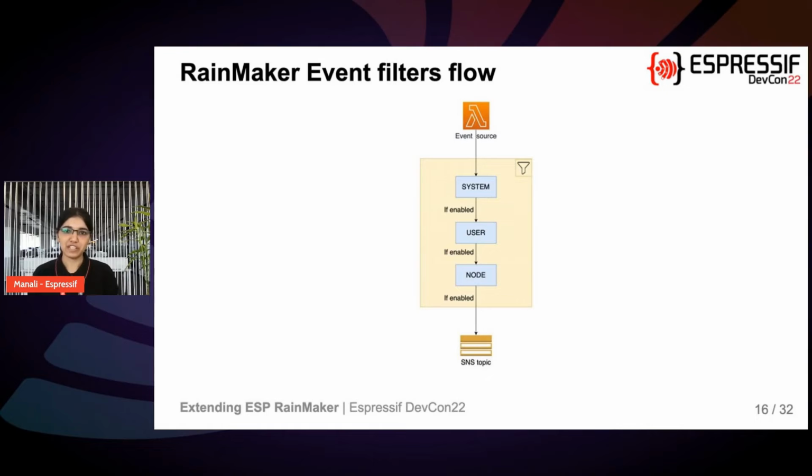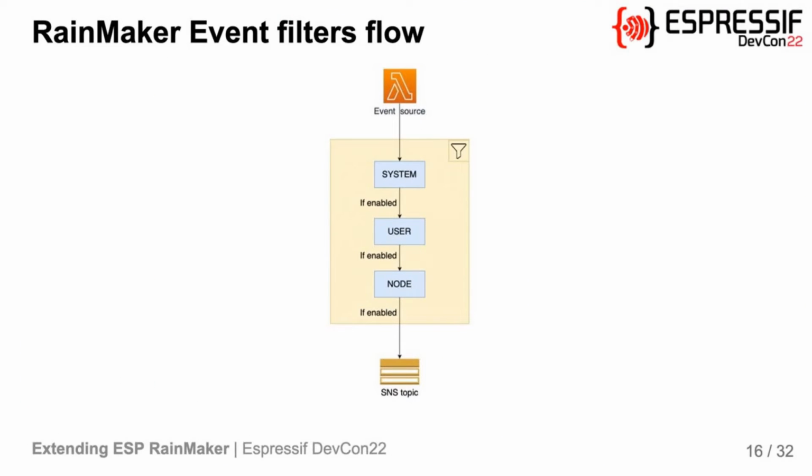This is the event filters flow, wherein the event source is actually filtered at system, user, and node level to reach the SNS topic. The system level filter is kind of a master switch, wherein you can say that I don't want any node connected event in my Rainmaker system. Then there is a user level filter, wherein you can say that I don't want node connected events for this particular user.